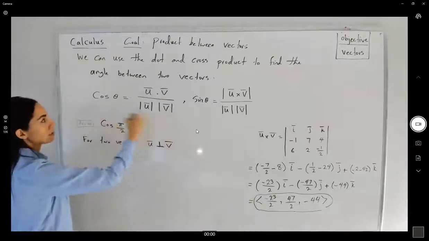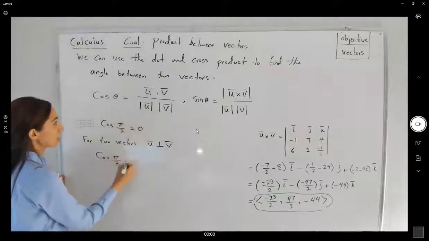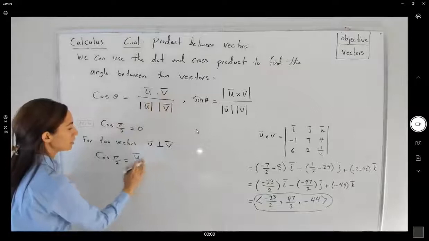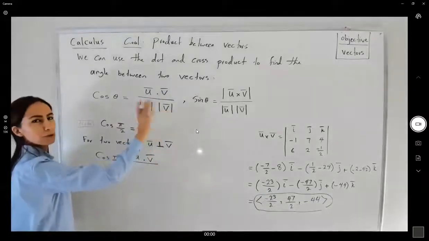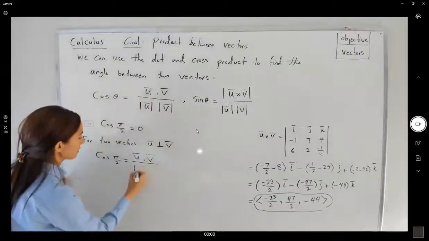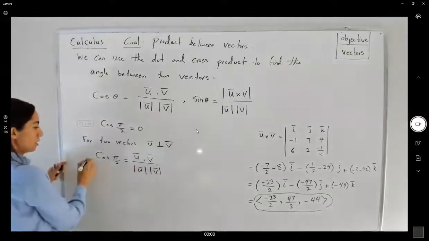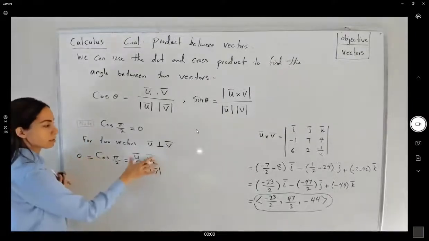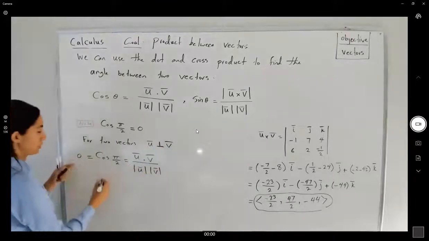So if you look at the first formula, the cosine of pi over 2, which is equal to the dot product between u and v, divided by, this is just the magnitude, this is just a number, magnitude of u times magnitude of v, is equal to 0. What does it tell us? It tells us the numerator of this fraction must be equal to 0.